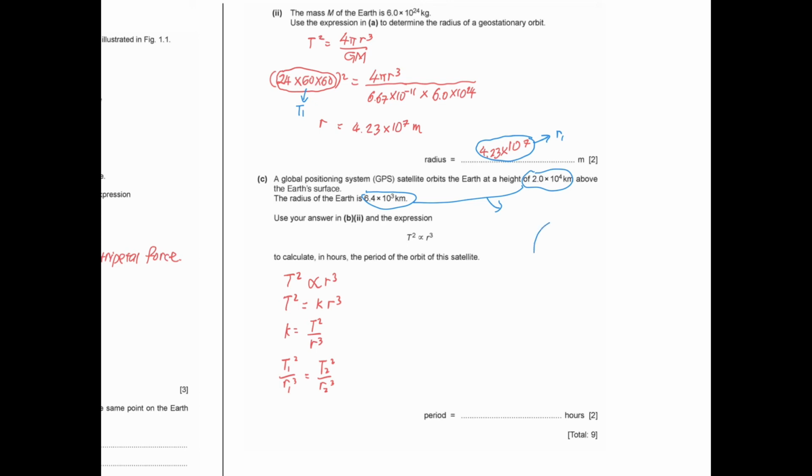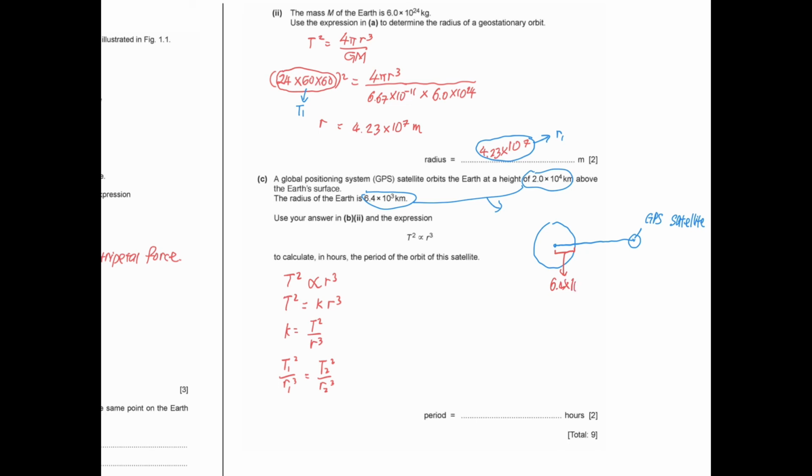R2. Let's say this is the Earth. The satellite is here. The GPS satellite. They purposely give you two pieces of information just to test you on whether you know the idea that R is from the center of the Earth, all the way to the GPS satellite itself. So they give you the radius of the Earth, 6.4 times 10 to the power of 3, which is here to here.